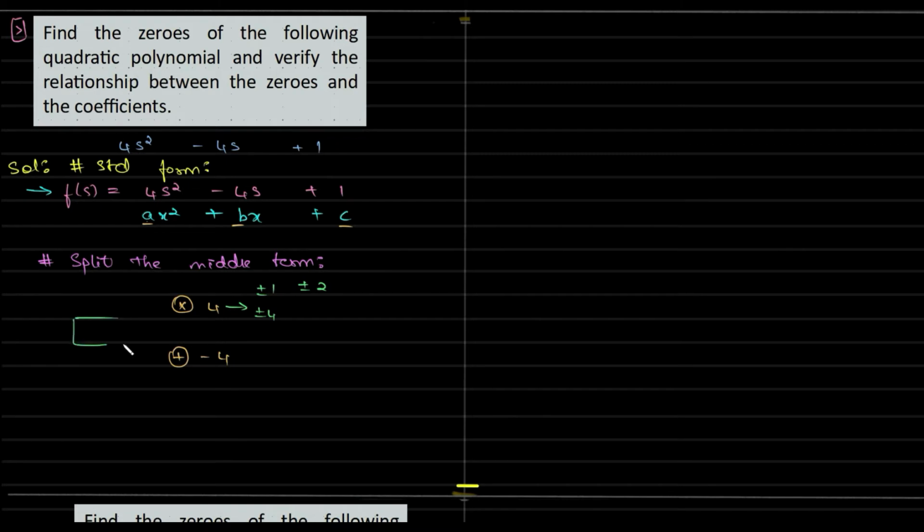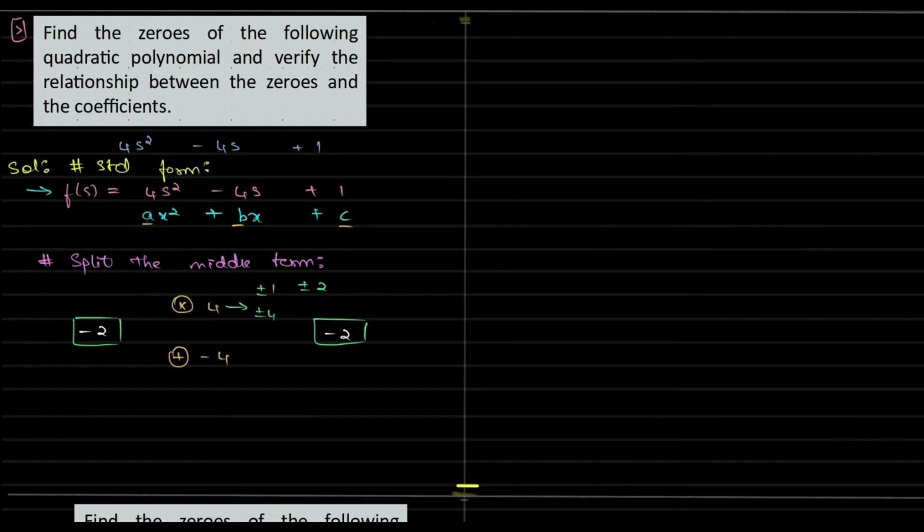So we need two numbers, right? So we're looking at minus 2 and minus 2, is it not? 1 and 4 is not possible, so we are looking at 2 into 2 is 4, but when added it should give me negative 4. So for that sake I have to take negative 2 and negative 2.